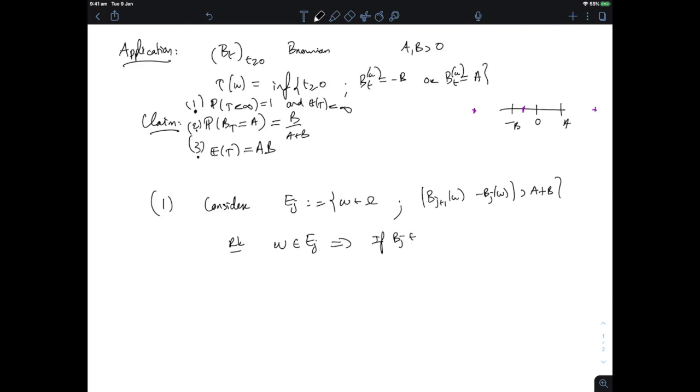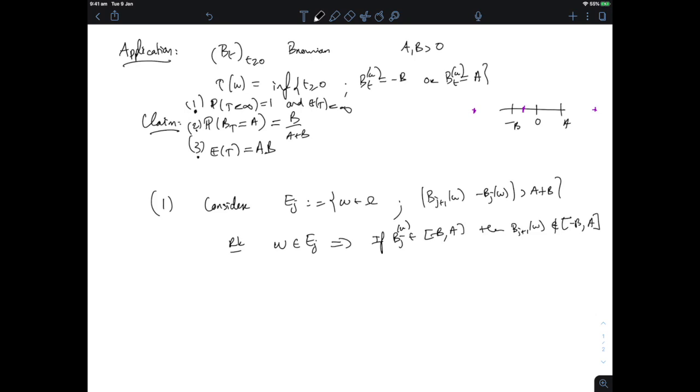If B_j belongs to (minus B, A), then B_{j+1} doesn't. Okay, and remember that the Brownian motion is almost surely continuous. So if you exit the interval, throwing away a set of measure 0, you would have to hit the point minus b or the point capital A.